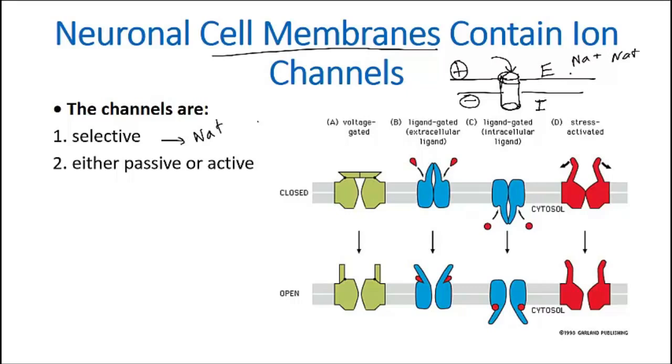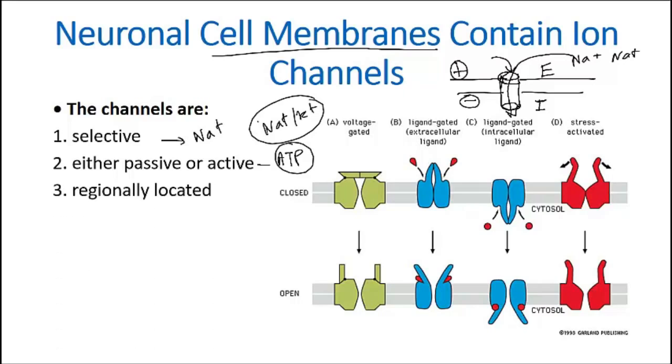In that case, sodium will go down the gradient from high to low through that channel, and that will not require any energy. In some cases, ion transport requires energy from ATP hydrolysis for the transfer of ions across the membrane, for example the sodium potassium ATPase pump, which acts as an active ion transporter.